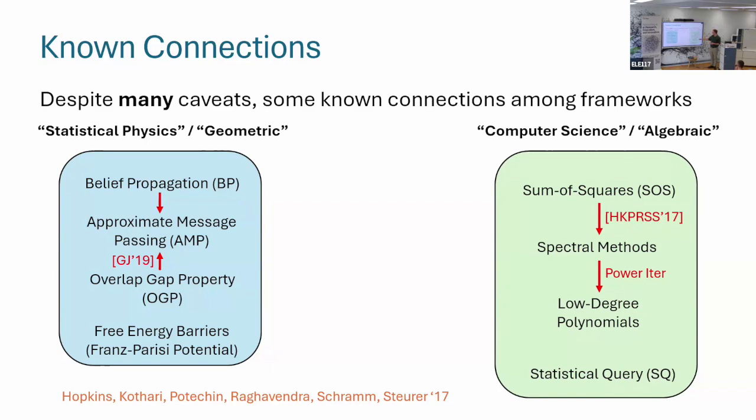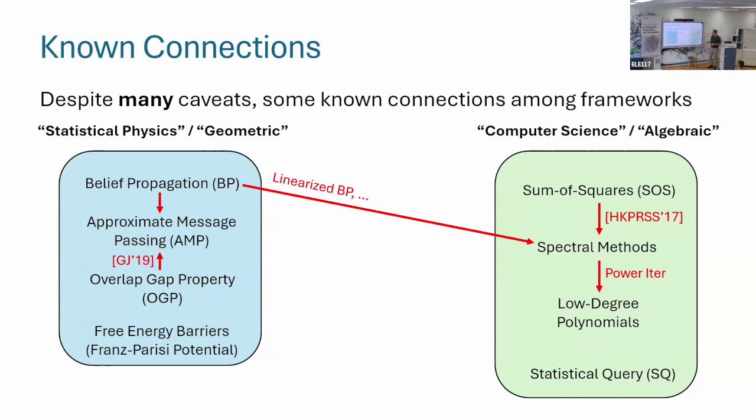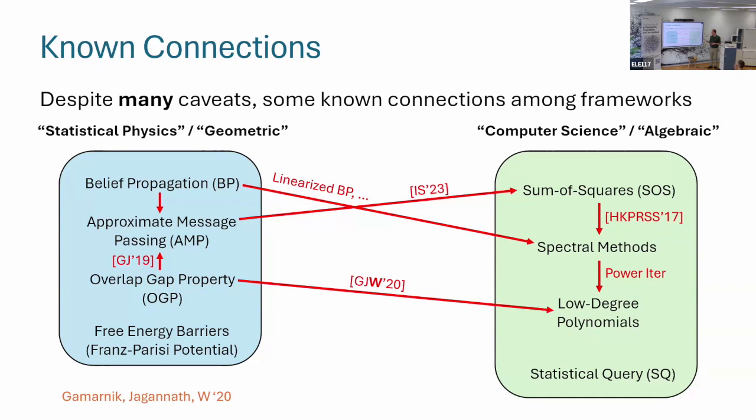And we know that spectral methods can be turned into low-degree polynomials by doing power iteration. But there are enough caveats here that you cannot chain these two implications together. We know that belief propagation can be linearized in various ways to help find the right spectral methods. We know that sum of squares can simulate AMP algorithms and furthermore do it in a robust way. The overlap gap property can be used to rule out low-degree polynomials. That's in non-planted settings.